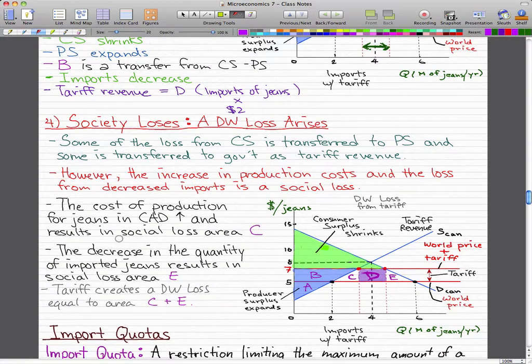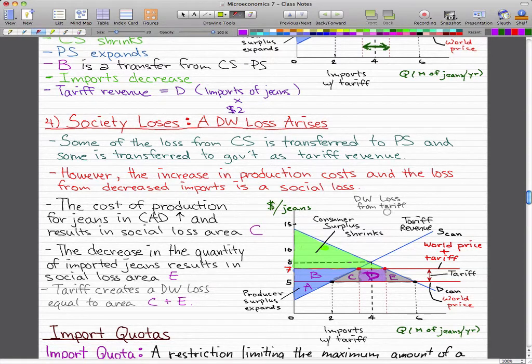The cost of producing jeans in Canada increases, and this results in the social loss area C, which we have here, and which I will highlight gray to show that it is a deadweight loss. And there is also a decrease in the quantity of imported jeans. This results in the social loss area E. And the tariff actually creates a social loss, which is a deadweight loss, equal to the area C plus E.